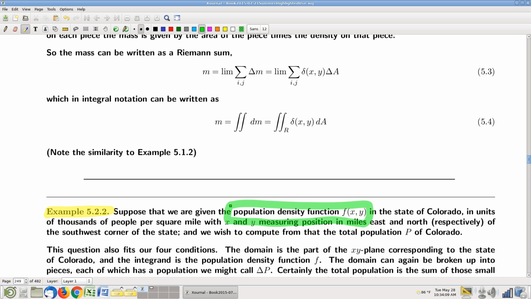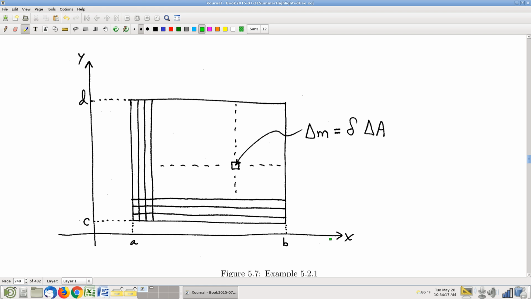All right. Okay, so all that being said, I'm going to use the same picture here. This is no longer a sheet of metal. This is now the state of Colorado. And now, instead of looking at mass, I'm looking at population.